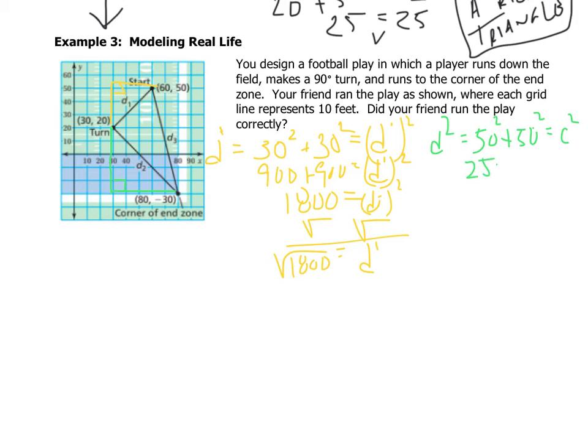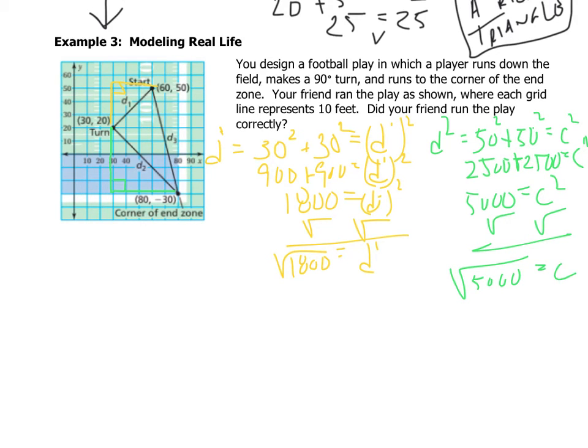That is 2500. So I get 5,000 equals c squared. And when I take the square root, I'm going to get the square root of 5,000 equals c. And again, we'll leave it just like that for now.